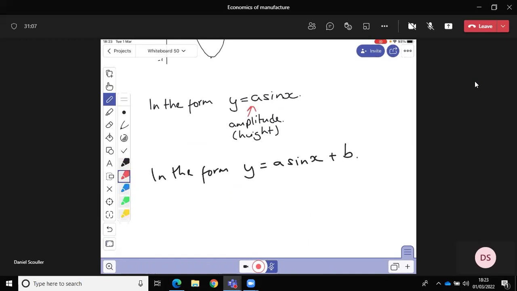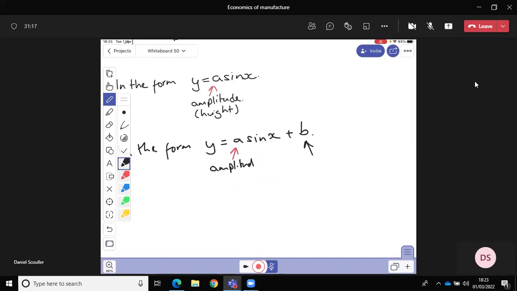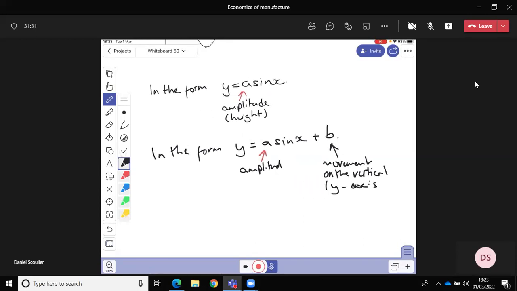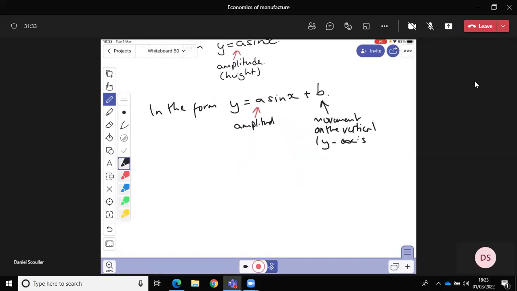That a is still the amplitude, and that b was movement on the vertical, the y-axis. The only other one we did was when it was a negative and we flipped it on its side. So that was the sine wave that we looked at.